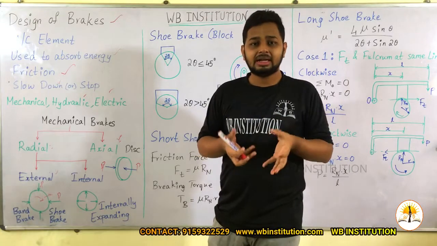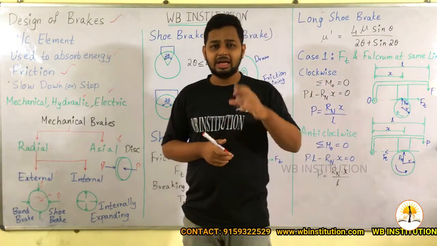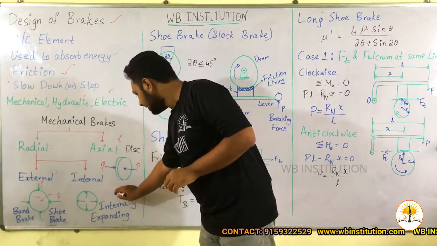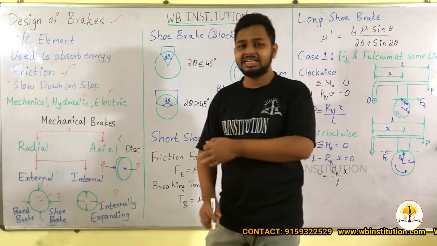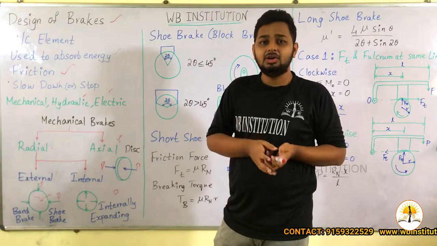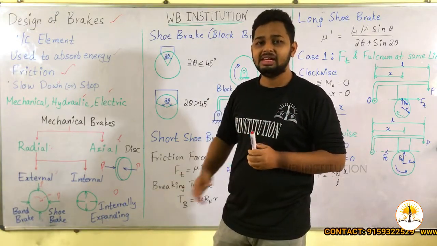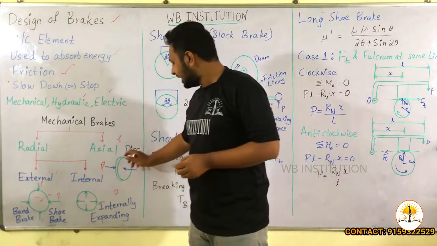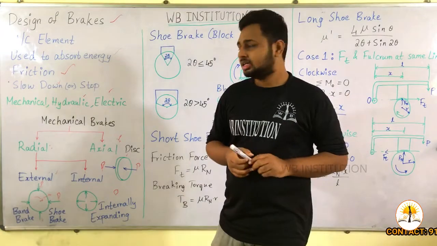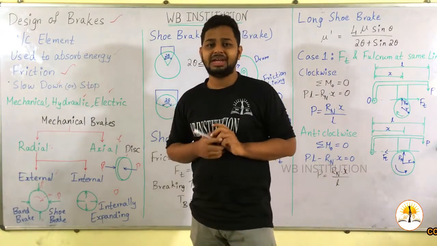In a truck there is a drum present between the wheel, and in that drum four blocks are arranged. By using these blocks, pressure is exerted from the inside towards the outer surface of the drum so that the vehicle stops. Disc brakes we can see in a lot of applications like two-wheelers and cars. These are the practical applications where we use mechanical brakes.